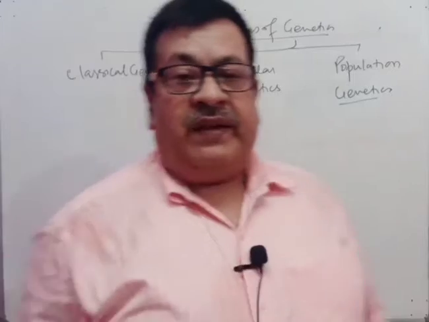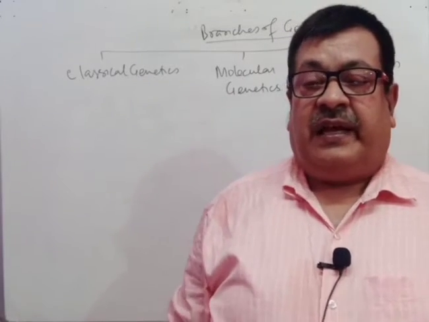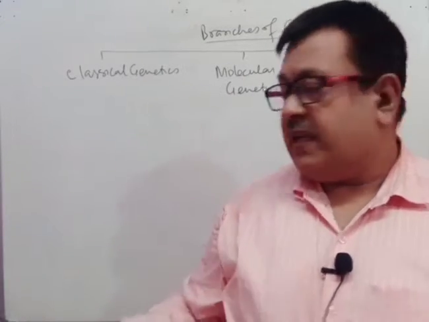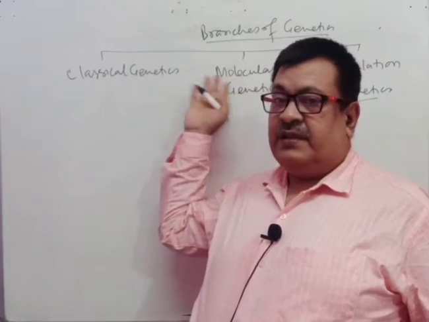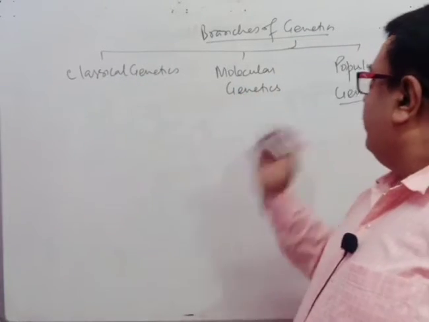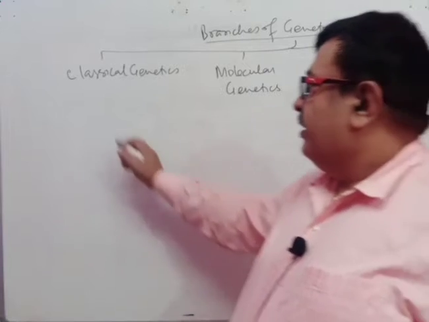Since events are very large in genetics, similar kinds of events are categorized into these three: classical, molecular and population genetics.